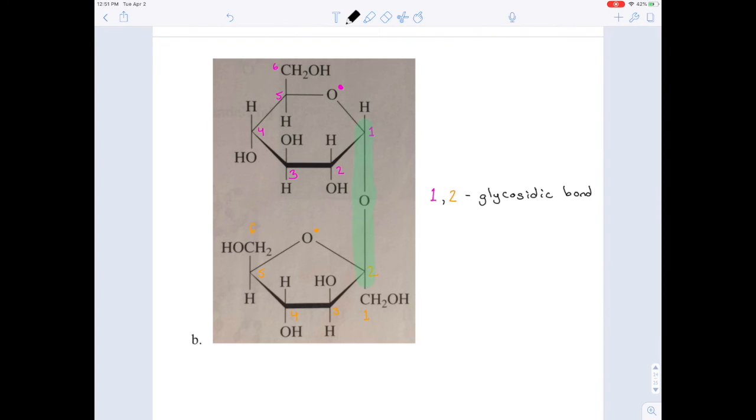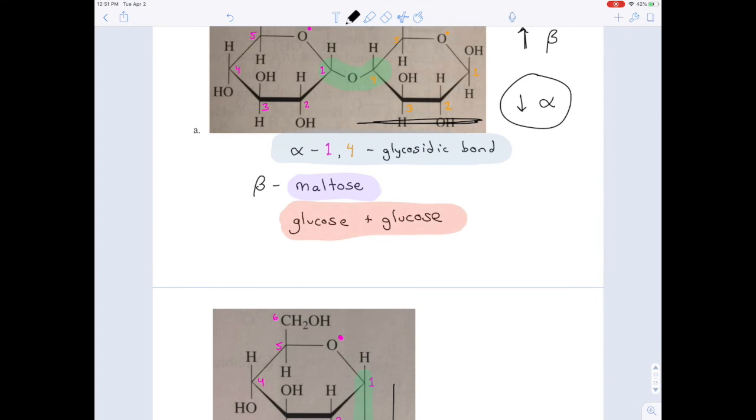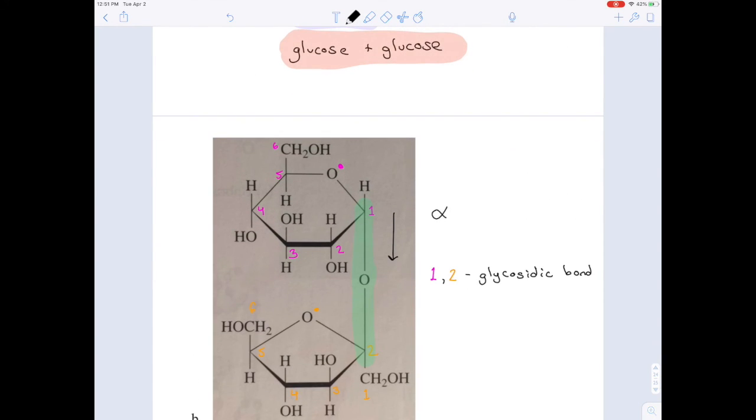Now, we also have to look at whether the oxygen is going up or down. In the carbon on top, you can see that this oxygen is going down. And since it's going down, it would be alpha. So it's alpha for the ring on top.